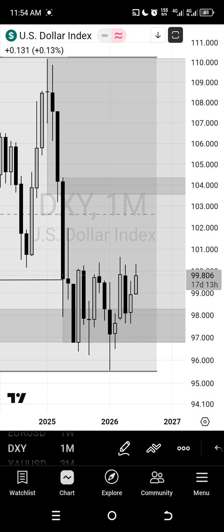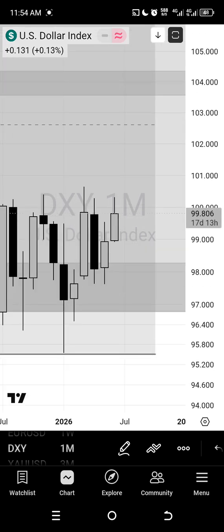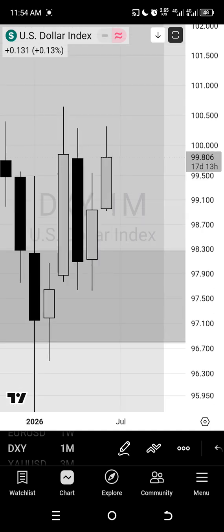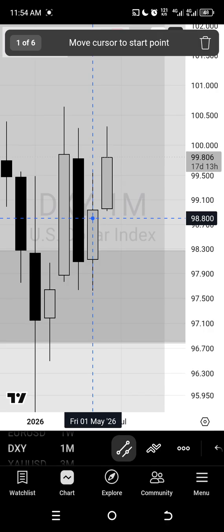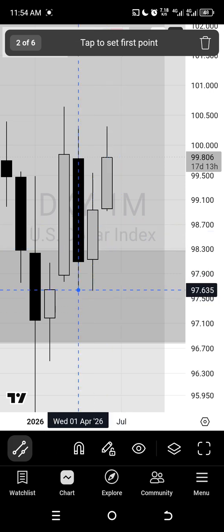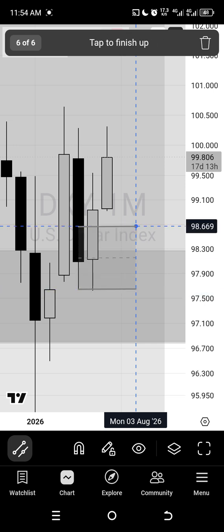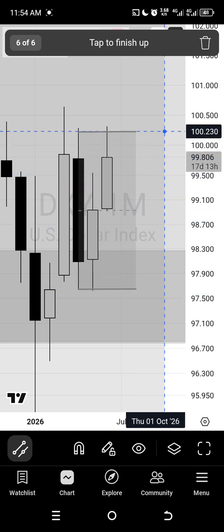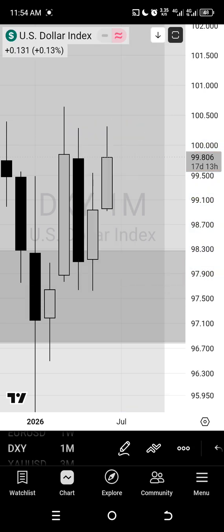So based on that, on the monthly time frame, we got this monthly CRT. This monthly CRT, price took the low of that range, so we can see that it has been completed.